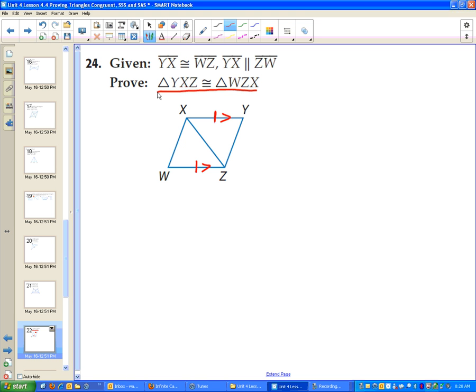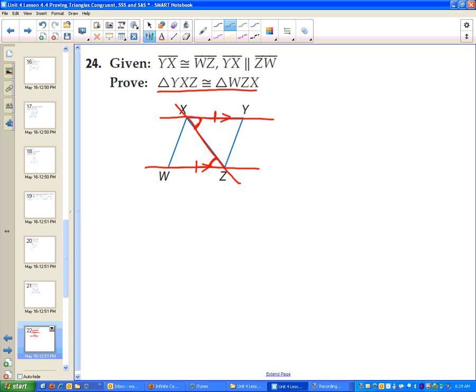Okay? Well, let's see. If I have parallel sides or parallel lines and a transversal, I get congruent angle pairs, don't I? One of those angle pairs would be this angle and this angle because they're alternate interior angles, right?